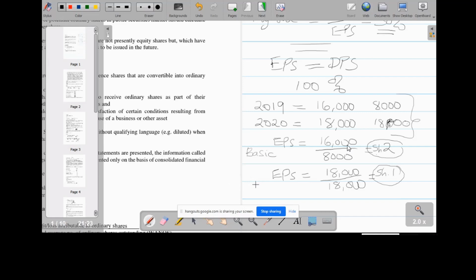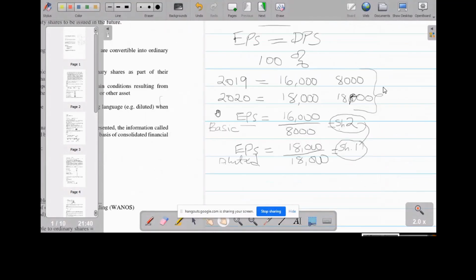So that is the difference between the basic and the diluted EPS. But in terms of reporting, you just give the two figures, the basic EPS and the diluted EPS. So people will be able to see the shares that you acquired during that year were diluted because they reduced what is attributable.